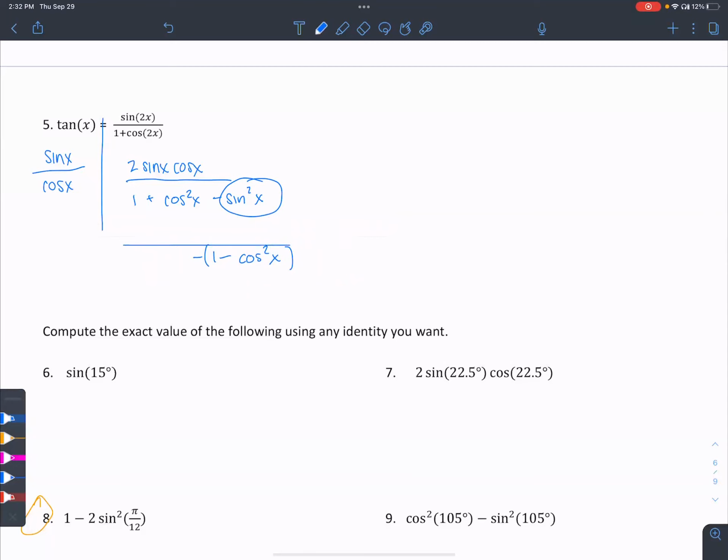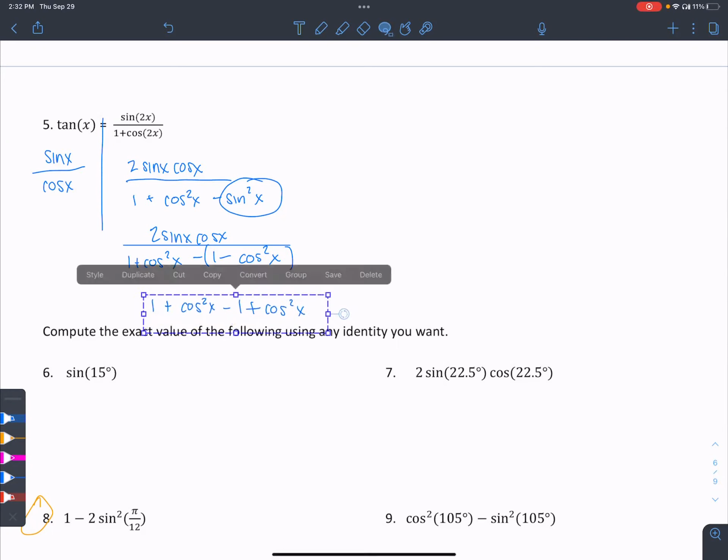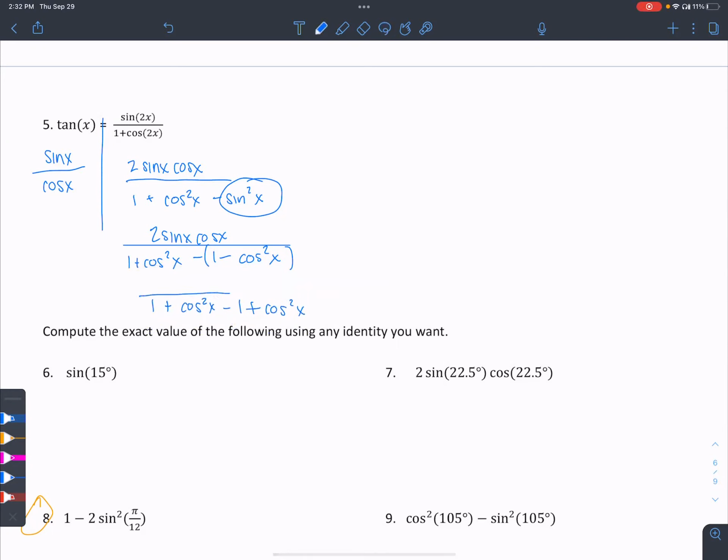Let's see what's happening there. So 1 plus cosine squared x on the bottom, minus 1 plus cosine squared x again. Yeah, there it is. Okay. So on the top, I have 2 sine x cosine x still.